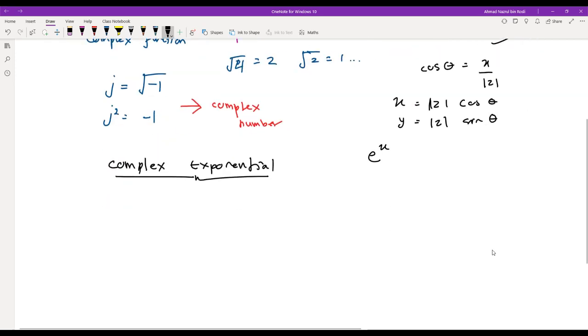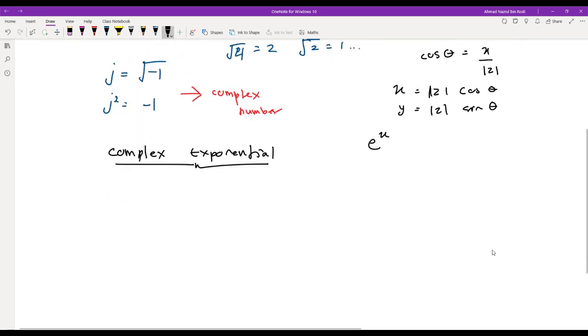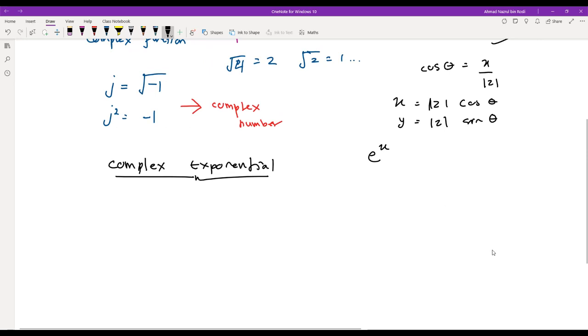So first, the complex function itself, right? They have what we call a series expansion. Here I'm not sure if you learned Taylor's theorem.